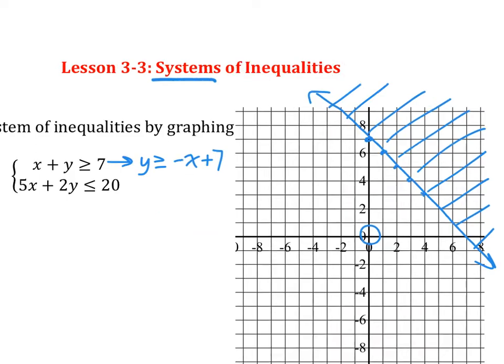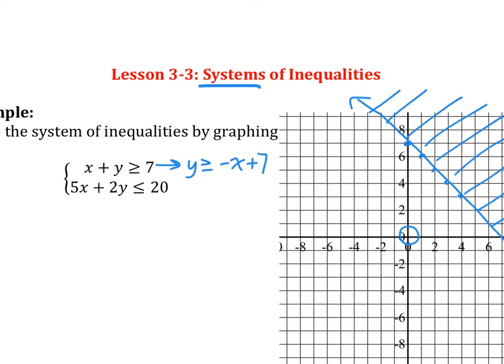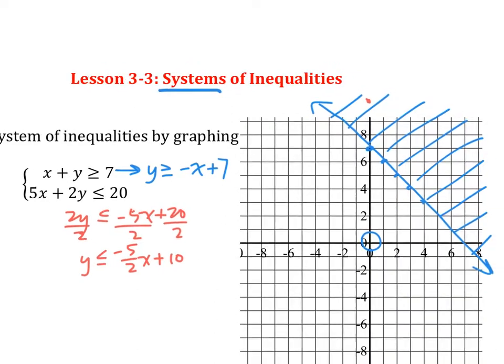All right, so we're going to do the same with the second one. I'm going to do that in a different color so you can see it better. Okay, so 2y is less than or equal to minus 5x plus 20, divided by 2. Y is less than or equal to negative 5 over 2x plus 10. So this one we're going to start at 10. I should have made more points there or made the graph a little bigger.